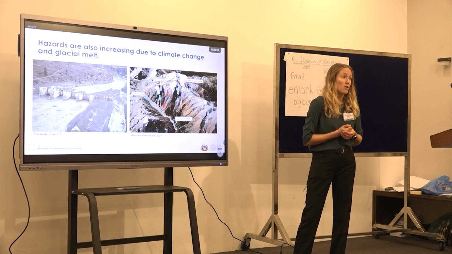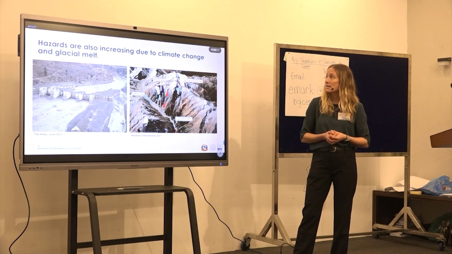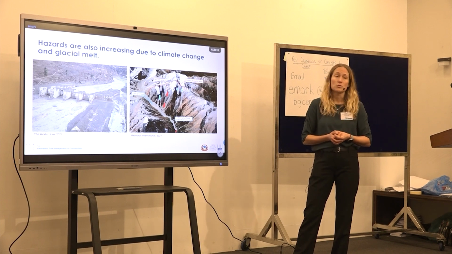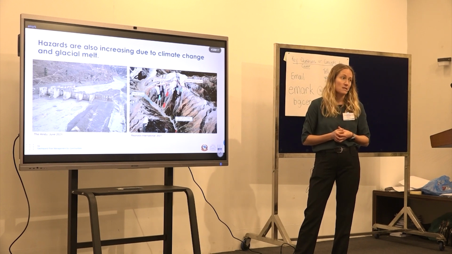And then, of course, the other piece that we see happening around the world and in the Himalayas in particular is that these hazards are increasing due to climate change and glacial melt. And so this is the Chamali example that I'm sure you're all familiar with, but there are many other cases like that.